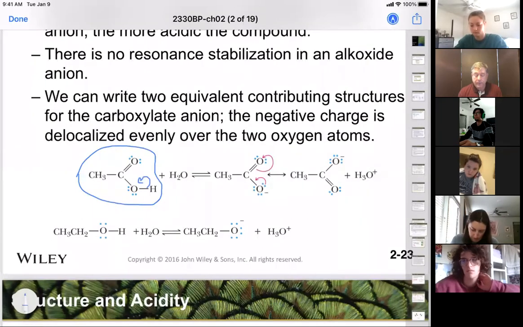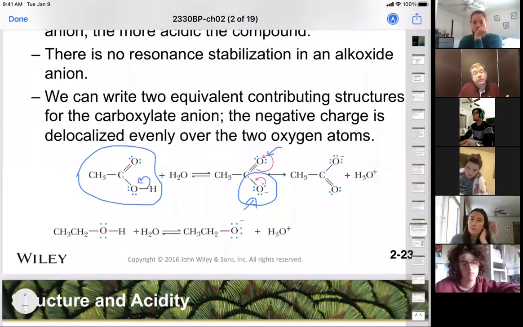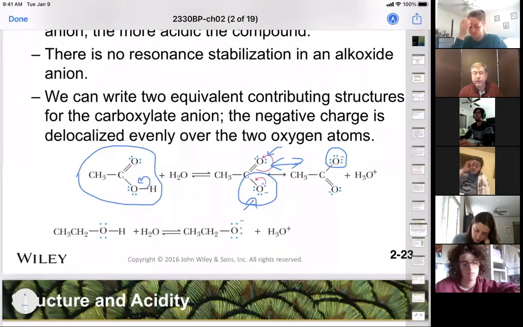So now we have a valid Lewis dot structure with a formal charge of -1. However, why does it have to be down here and not up here? Well, there's no reason, because we can draw a resonance contributor to that by just kicking electrons in here and out here. This is a valid Lewis dot structure, a valid resonance contributor.